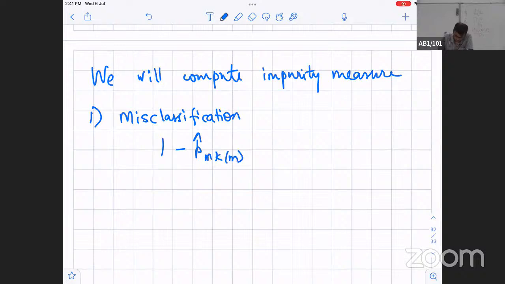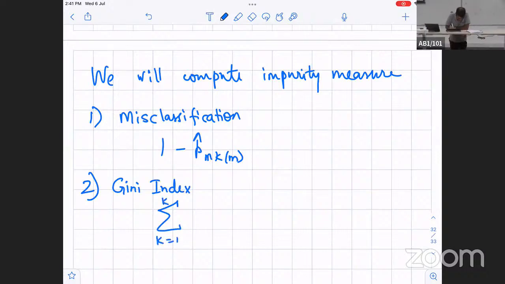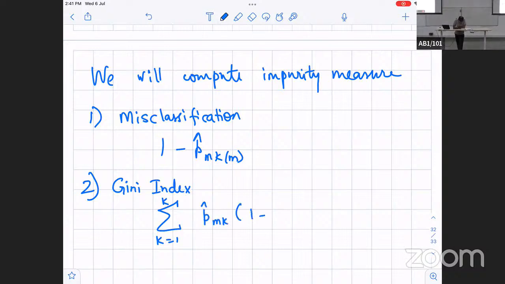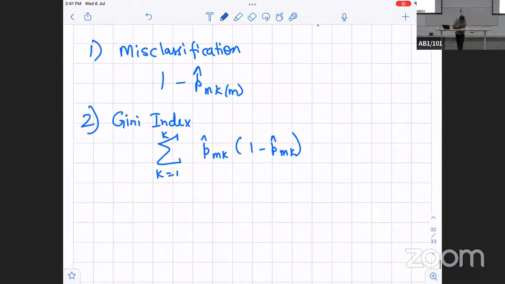The second one is called the Gini index, and the third one is called entropy.